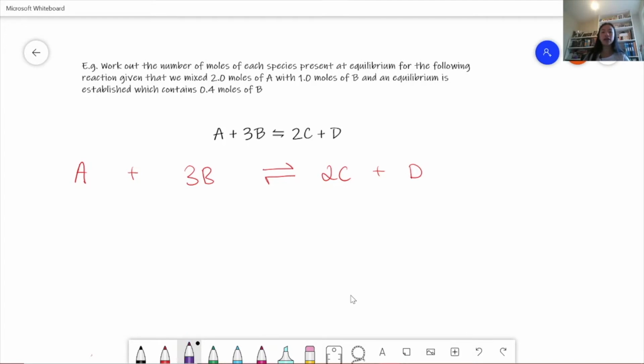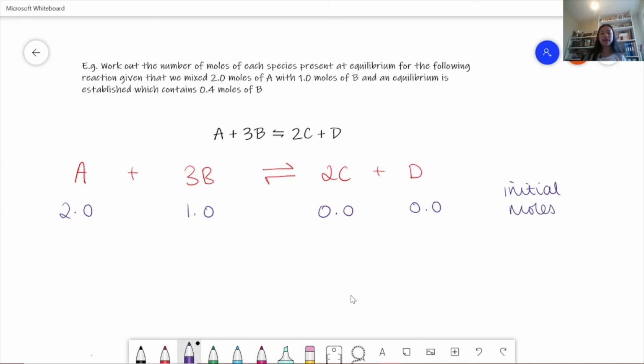So in the question, we have 2 moles of A, and then we have 1 mole of B. And then it doesn't mention C or D, so that means that we assume that they start off as 0. And these are the initial moles.